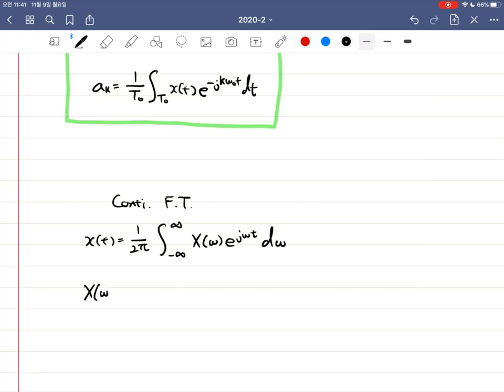We can obtain the continuous time signal by having this integration. Okay?